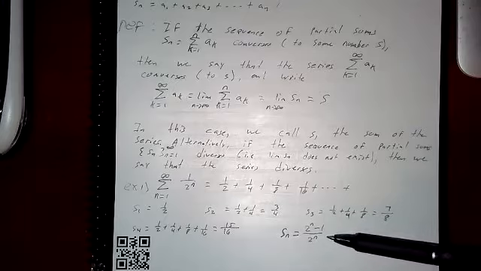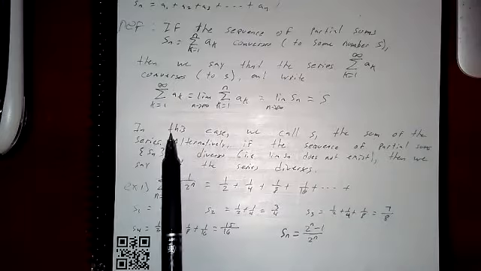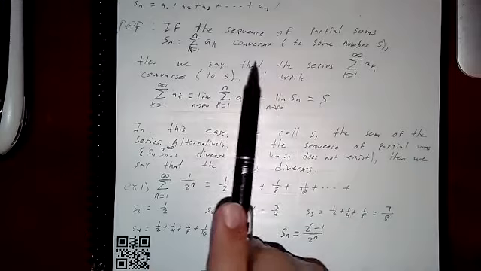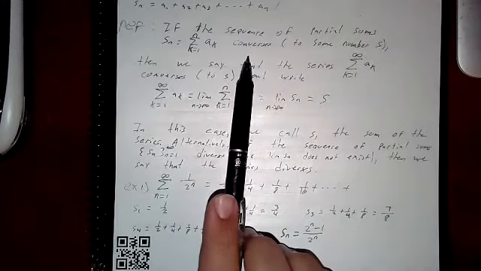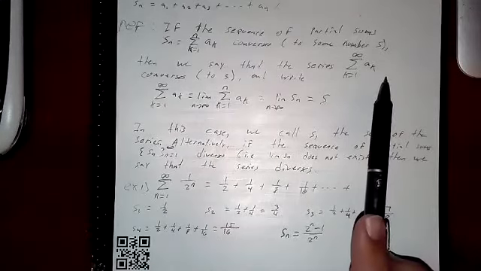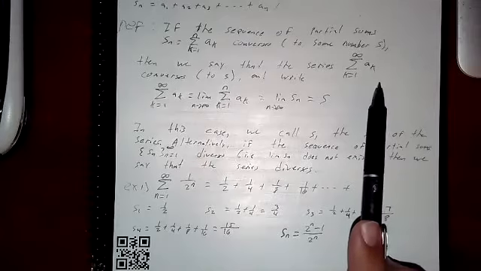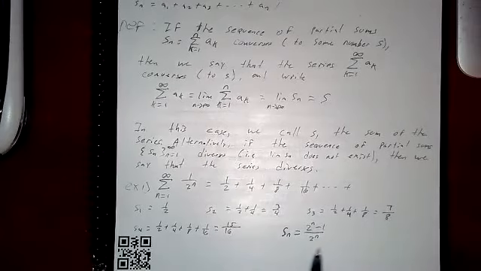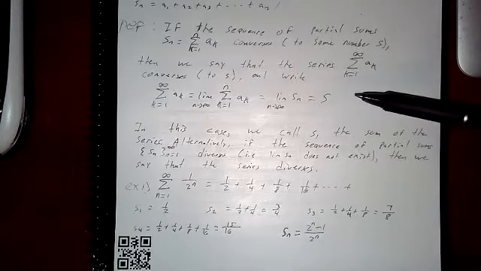Because it says right here, if the sequence of partial sums converges, then we say that the series converges to that number. So if we check to see what this converges to, then we're good. If it converges, then that means the series did also. That's what we're trying to show based off this definition.